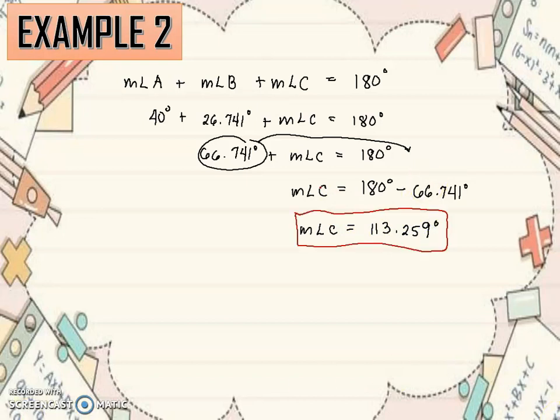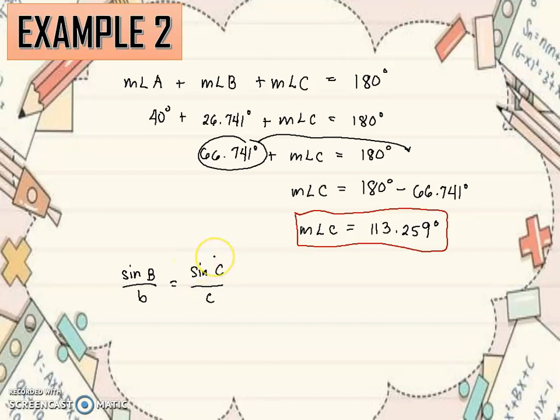Now we are down to the last part of the triangle, which is the side C. In solving the side C, class, we're going to use the combination of sine B over B equals sine C over C. But if you ask me, Miss, what if we use sine A over A equals sine C over C?